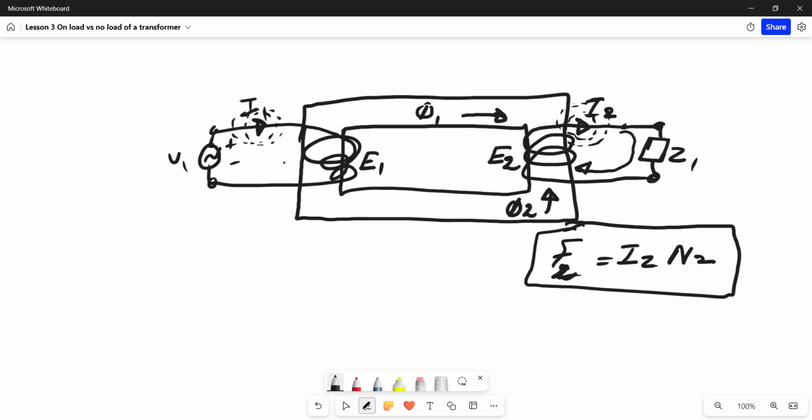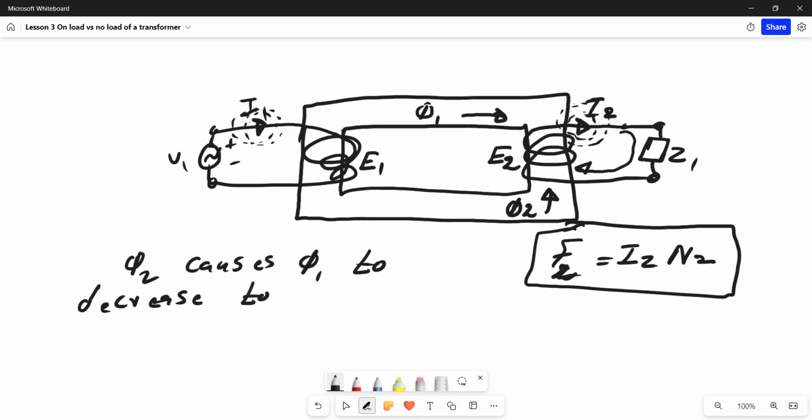So this opposition of flux 2 causes flux 1 to decrease to a certain extent.